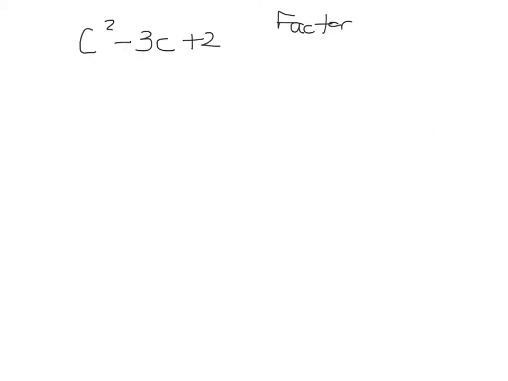Okay, this next example is almost like the last one. Again, it's a trinomial. It's going to factor into two binomials. This time it's going to be c and c that multiply together to get the c squared. Then this is my product, this is my sum.